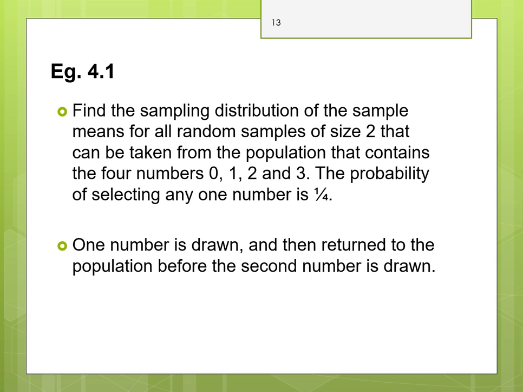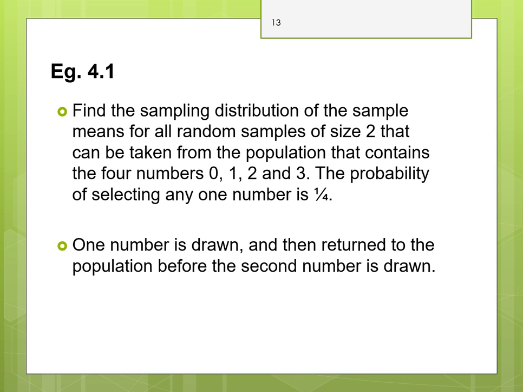So the 4 numbers are 0, 1, 2 and 3. So these 4 numbers are the population. And then we randomly draw 2 numbers from the population. So that means the sample size is 2 because each time we choose 2 numbers from the population.